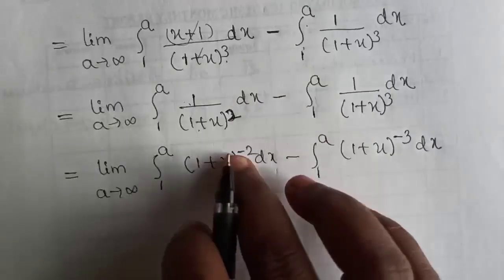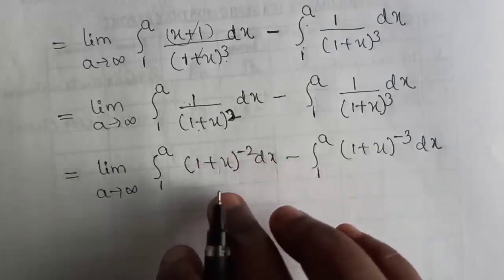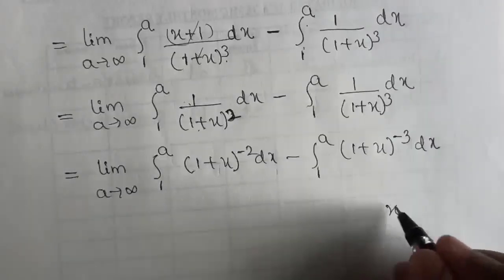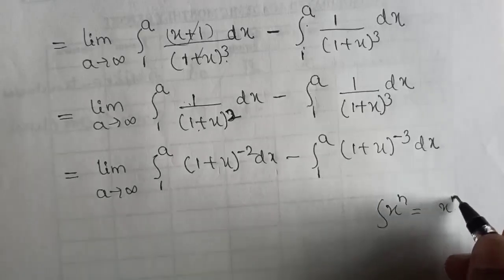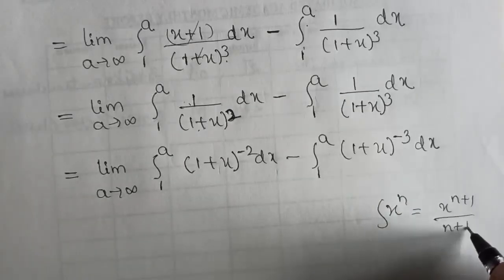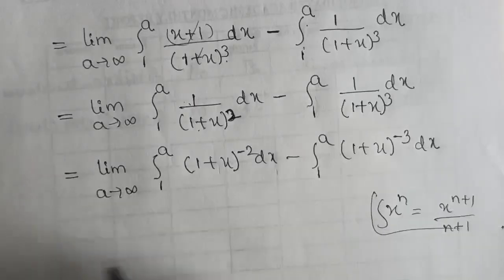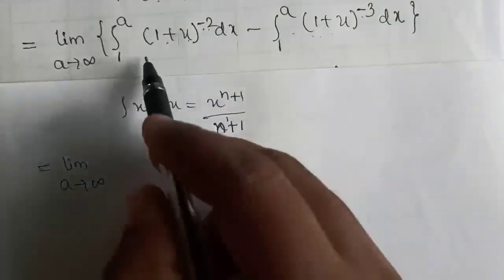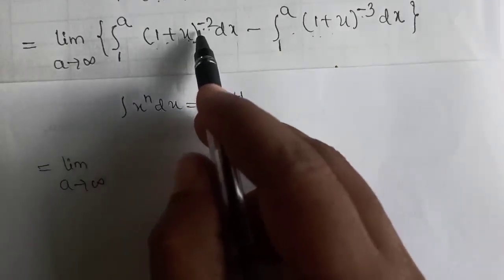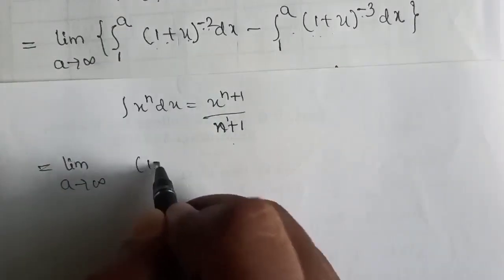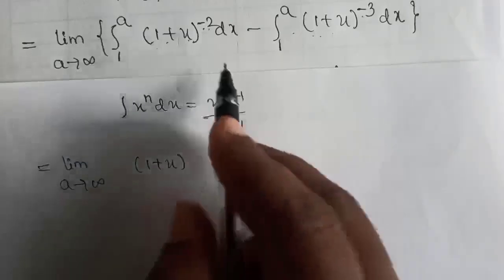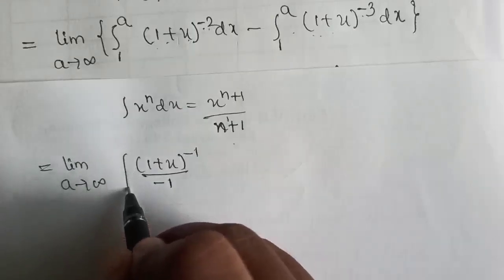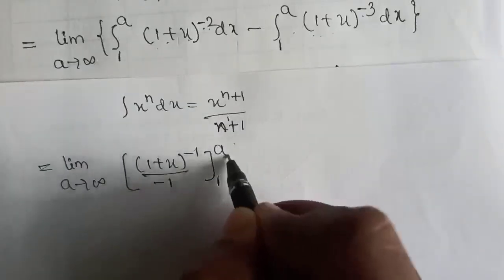On taking it to the numerator, the power becomes negative. Now we can integrate this by using the x raised to n formula. The integration of x raised to n is x raised to n plus 1 divided by n plus 1. By using this formula, as limit a tends to infinity, the integration of (1 plus x) raised to minus 2 is (1 plus x) raised to minus 2 plus 1, which is minus 1, divided by minus 1, with limits 1 to a.